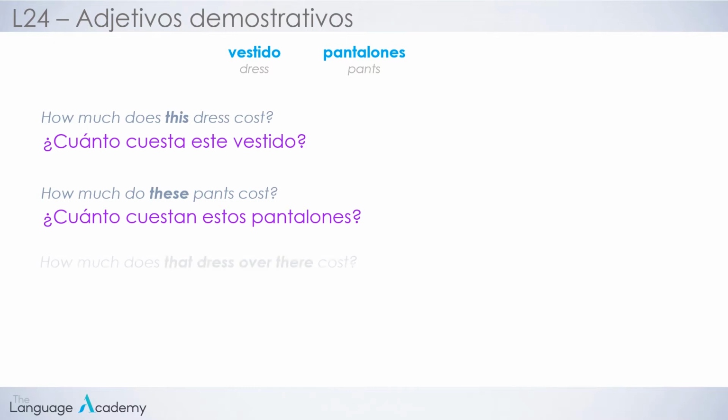How would you ask, how much does that dress over there cost? We're using the third distance here, so, ¿cuánto cuesta aquel vestido?